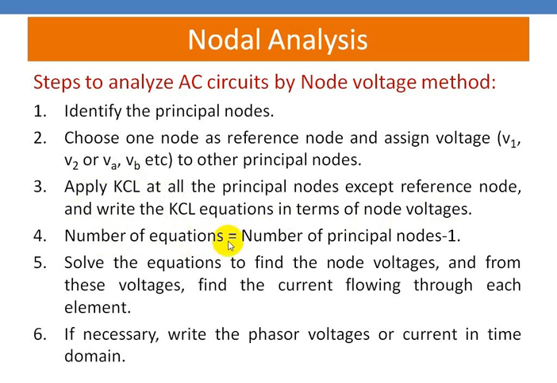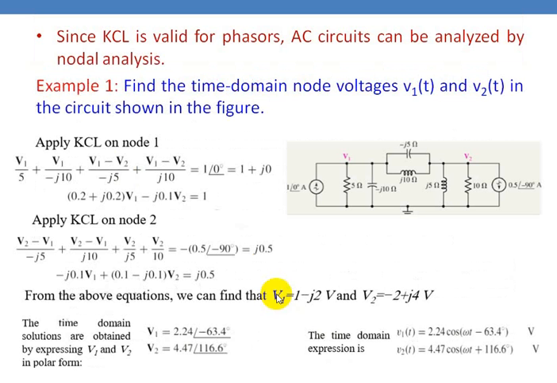Number of equations will be equal to number of principal nodes minus 1. Then after getting equations, we have to solve the equations to find the node voltages. From the node voltages, we can find current in the elements and power. If necessary, we can write the phasor voltages and currents in time domain.